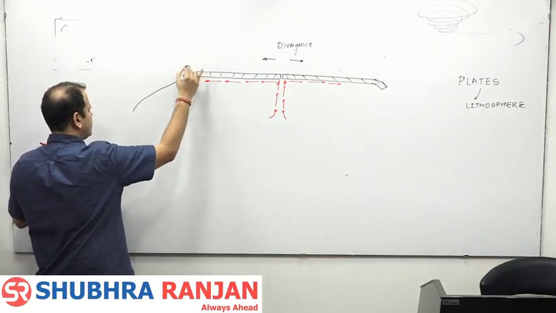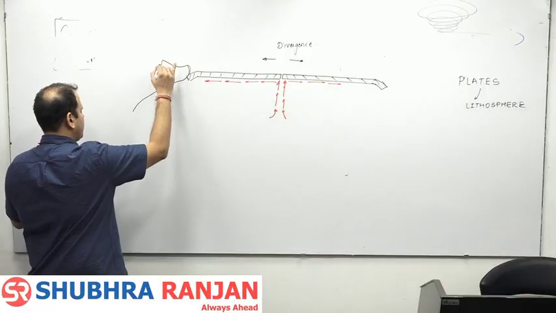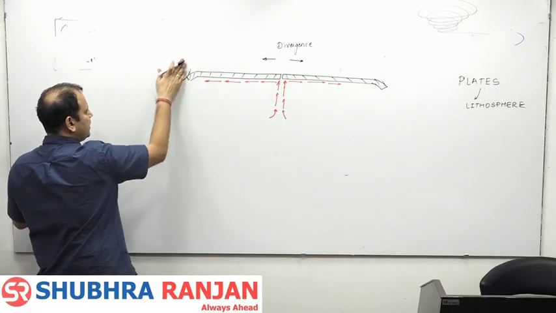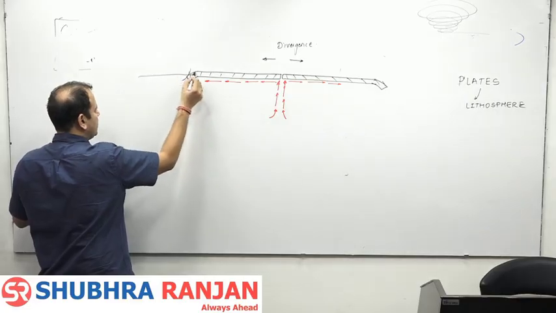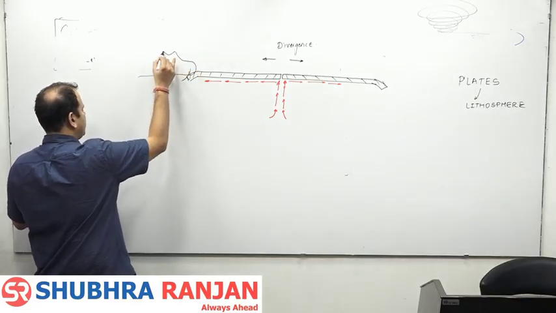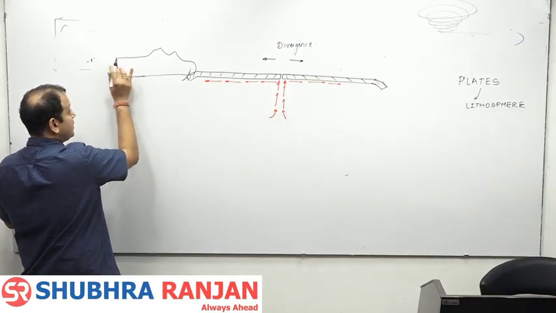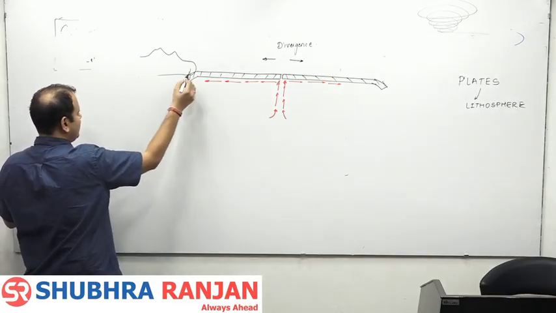Now this crust, see, I am making it different because this crust is an example of, or I will make a simple diagram, this crust is an example of continental crust. Which is lighter, Sial or Sima? Sial is lighter.